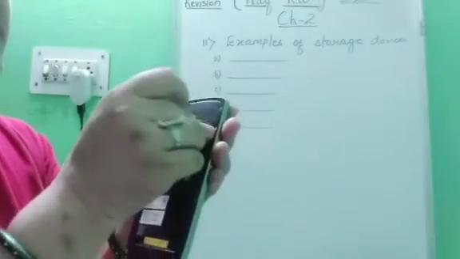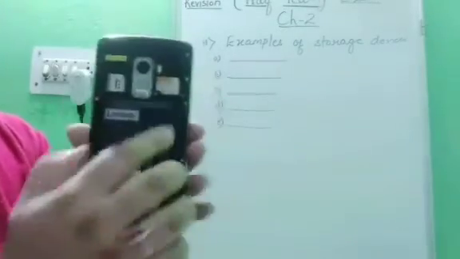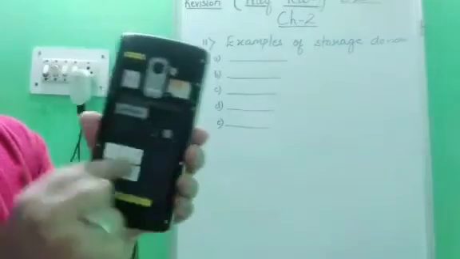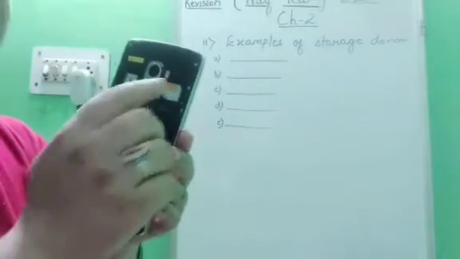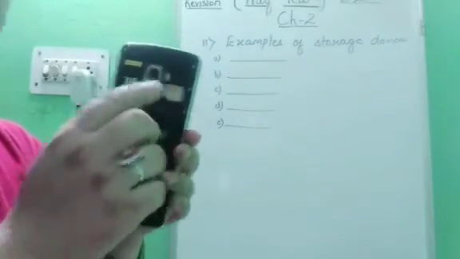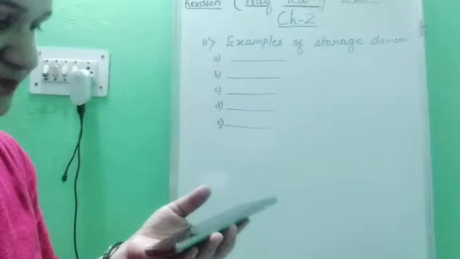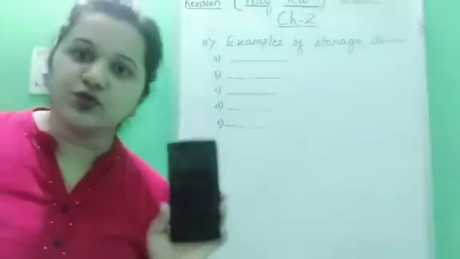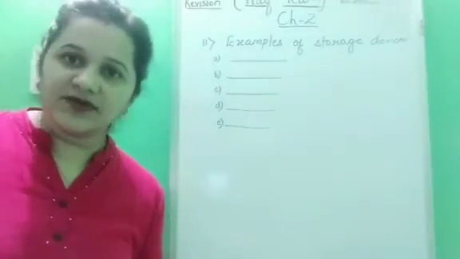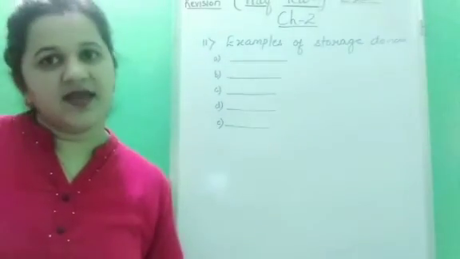This is how a micro SD card is inserted into a mobile phone. It is an external memory. So a mobile phone uses SD card, micro SD card to store the data.